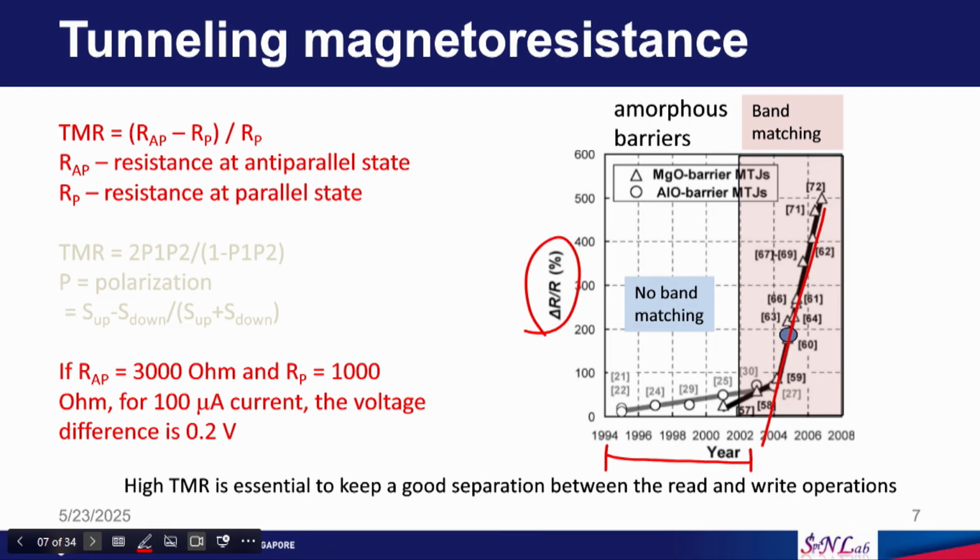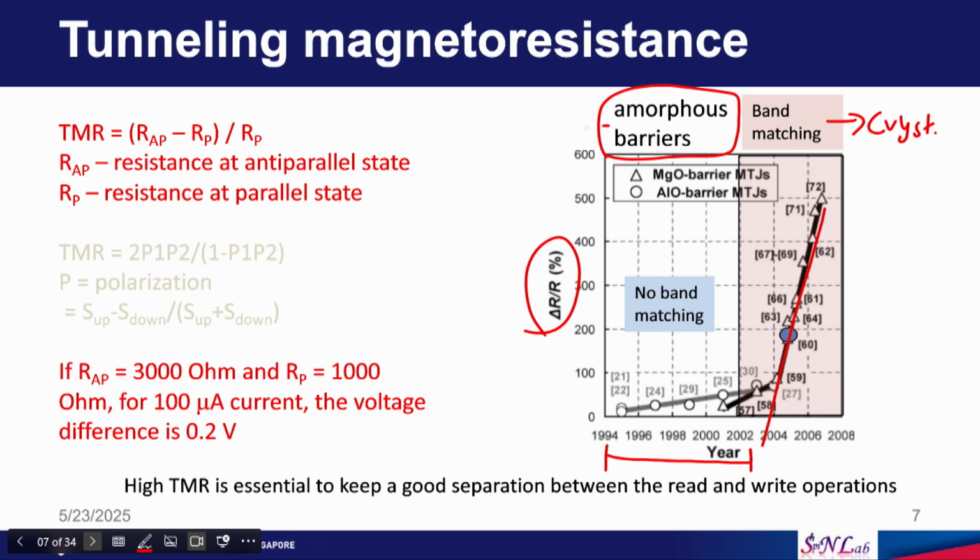In this region, 1994 to 2004, people were looking at amorphous material as the tunnel barrier layer. Then somewhere in 2004, people started using a crystalline barrier.